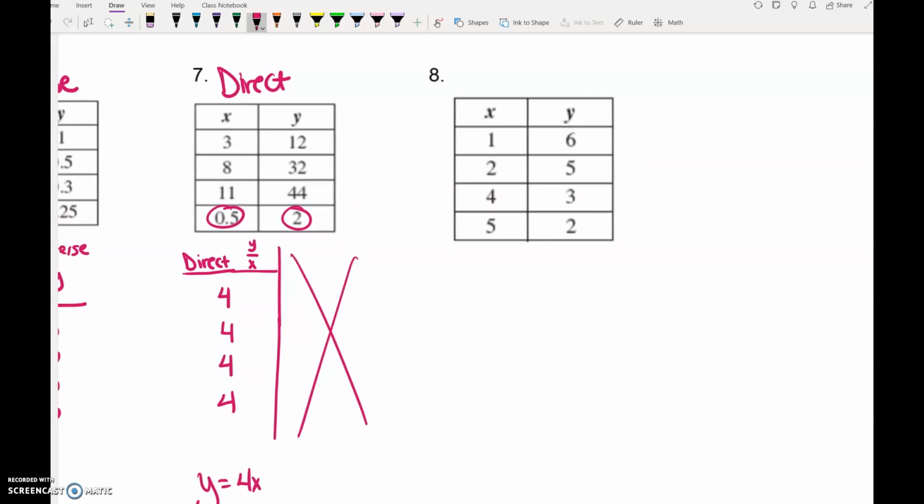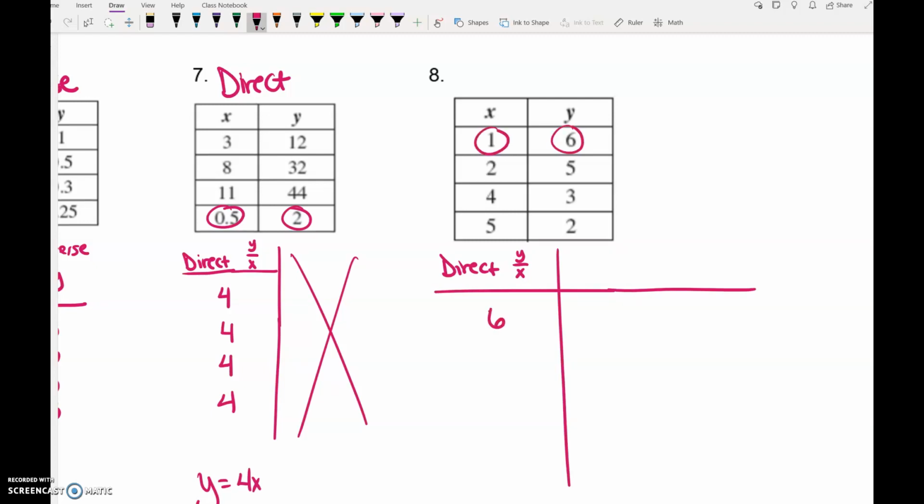Number 8, I'll bet some of you can already guess what number 8 is going to be. First, we're going to check direct, doing y divided by x. What's 6 divided by 1? 6. Then we do 5 divided by 2 is 2.5. Are those numbers the same? It's not direct variation.